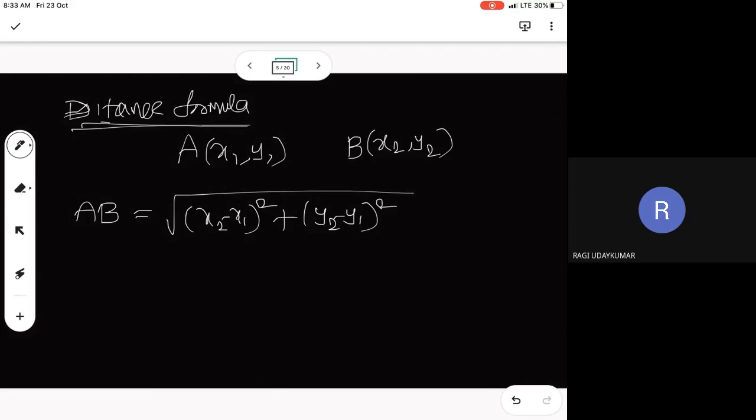And with the help of these 3 points, we can also prove they are collinear. What is meant by collinear?